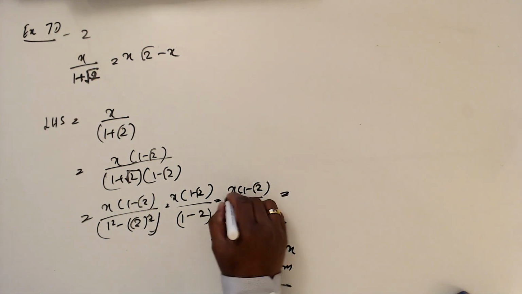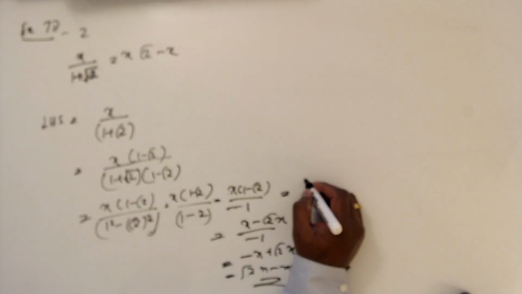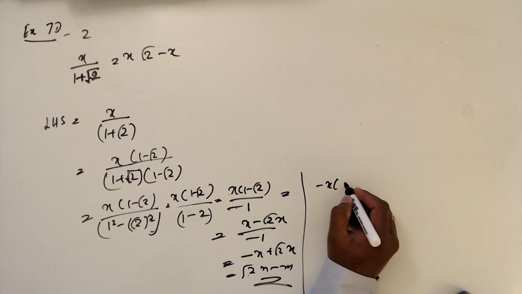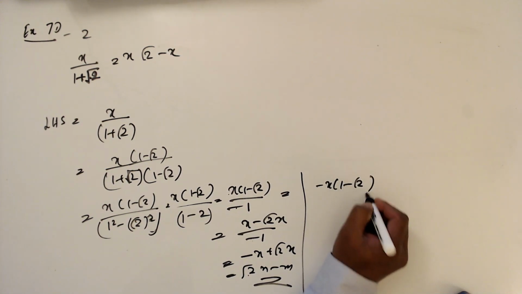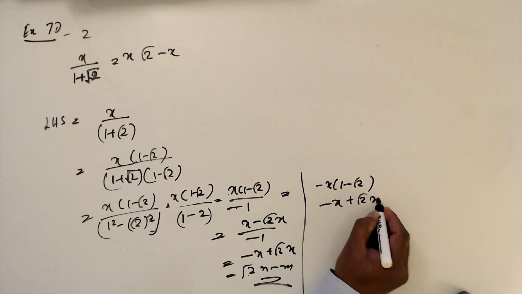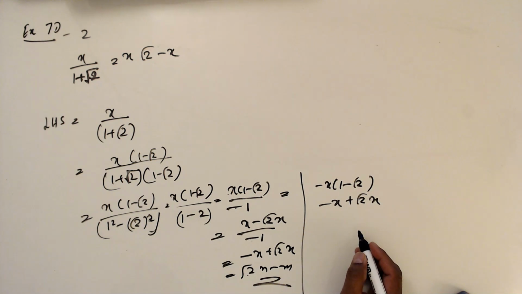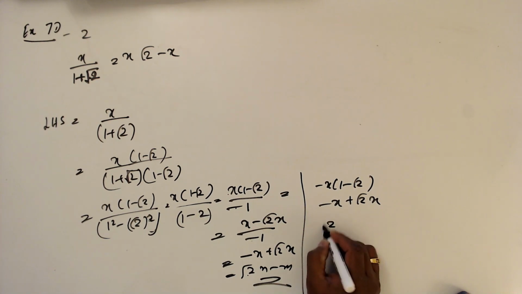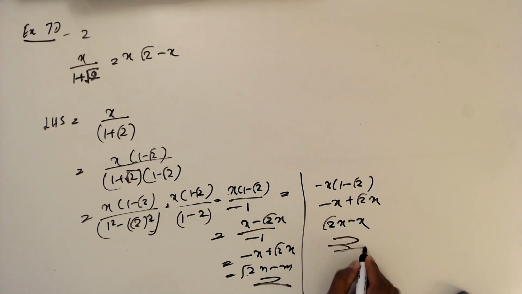From here you can bring this minus 1 up: minus x times 1 minus square root 2. This is minus x plus square root 2 x. So we switch it to square root 2 x minus x.